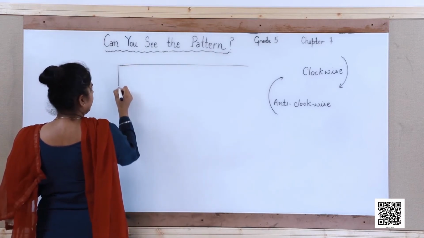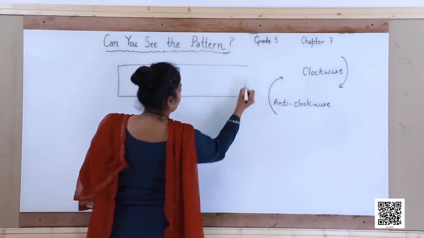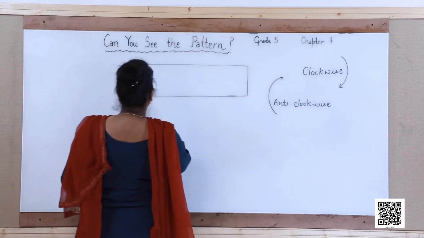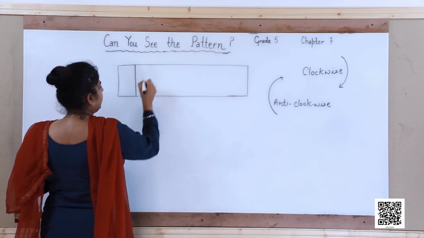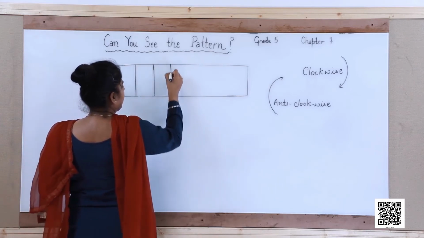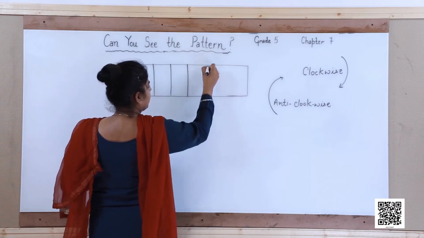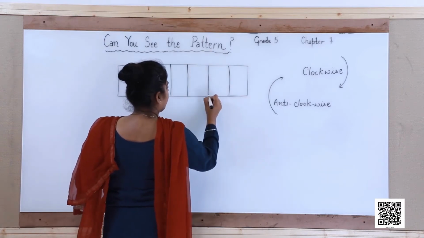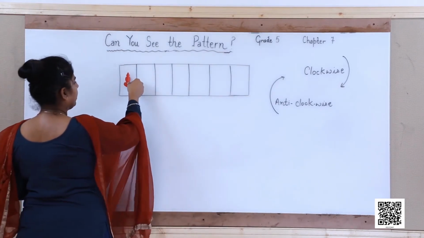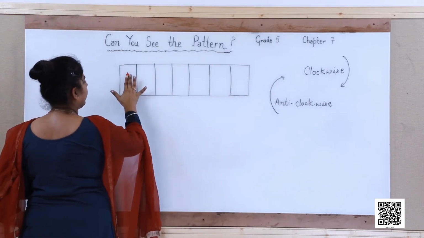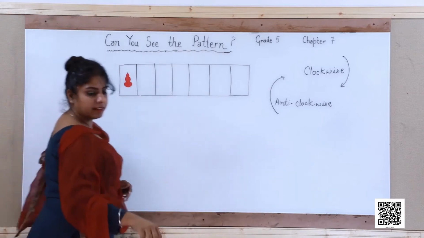I'm making a rectangular box here, okay? And then I am dividing it into subparts like this, okay? Now, let's use a pattern here. I'm putting it like this. It's like a candle flame upwards, right?